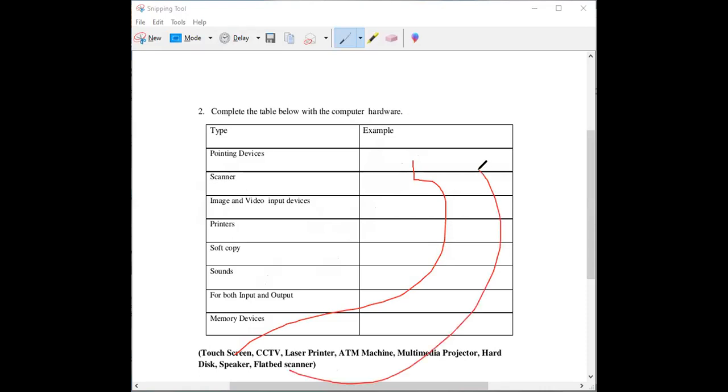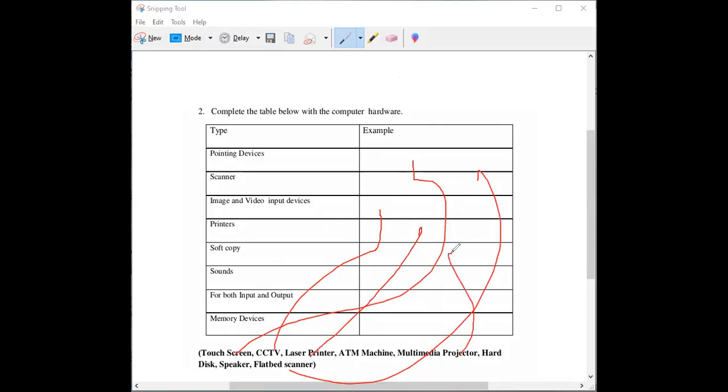Flatbed scanner. Yes. Image and video input device. CCTV. Yes. Printer. Laser printer. Yes. Soft copy. Multimedia projector. Yes.